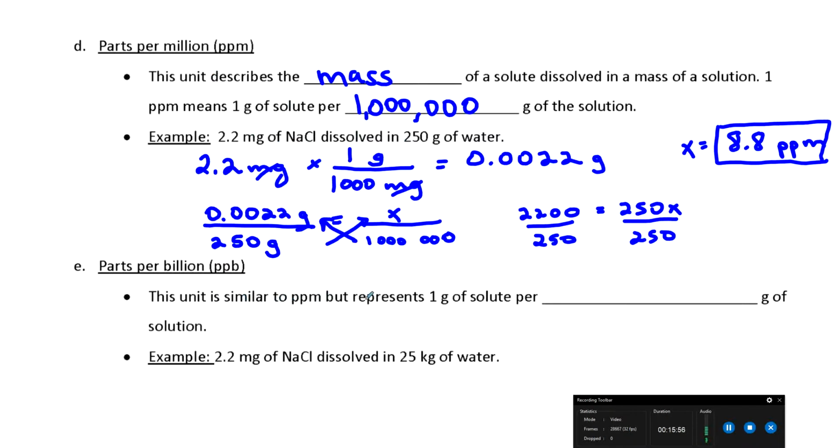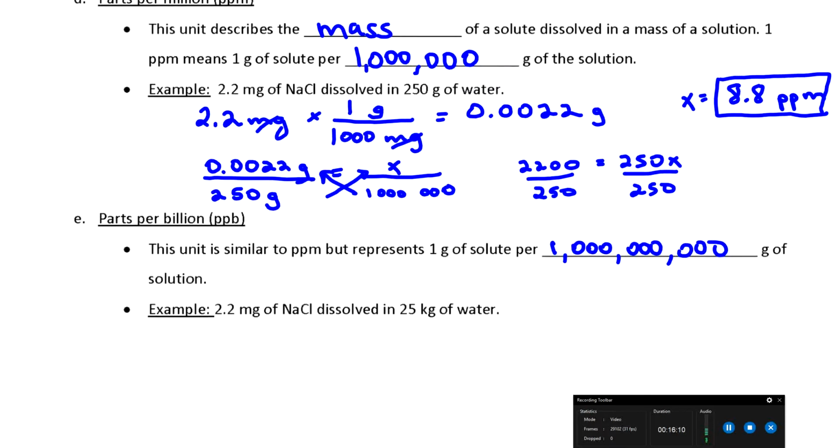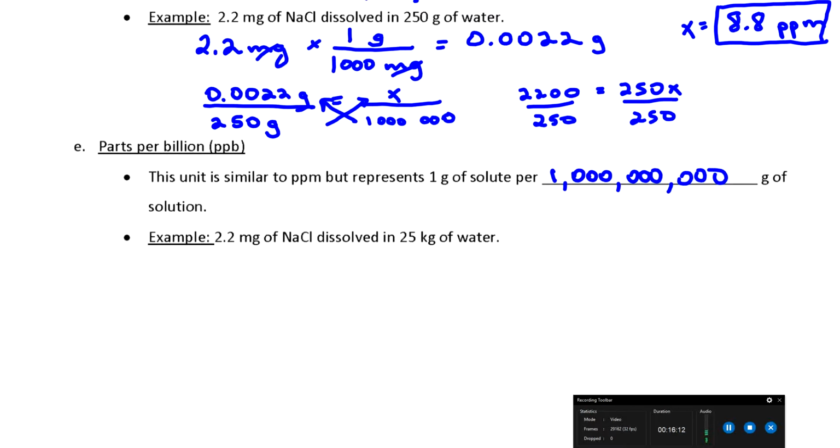So this unit is similar to parts per million, but represents 1 gram of solute per 1 billion, so 9 zeros, of solution. So let's do the same, or not exactly the same, because now we're dealing with 25 kilograms of water versus 250 grams. So a much, much larger volume, therefore parts per billion is a better fit.